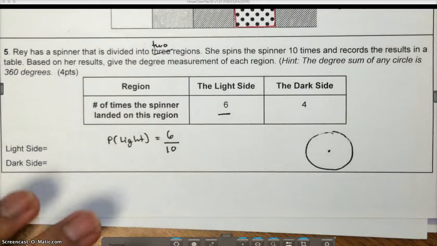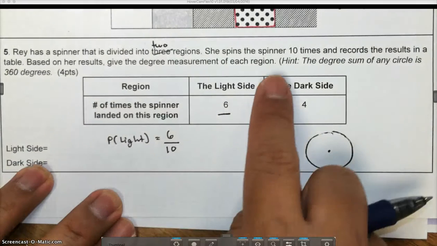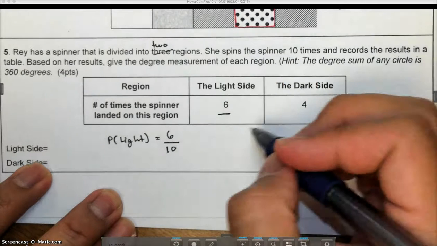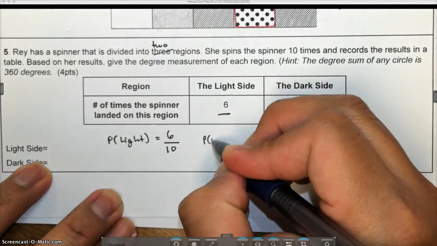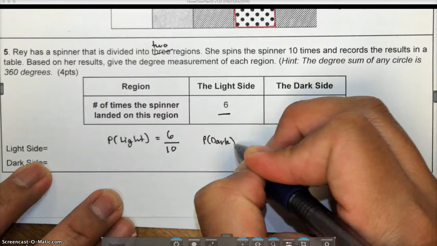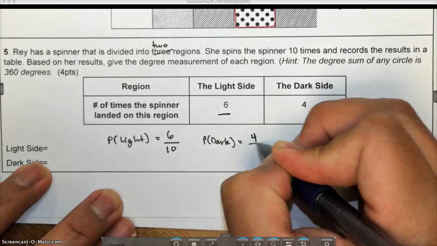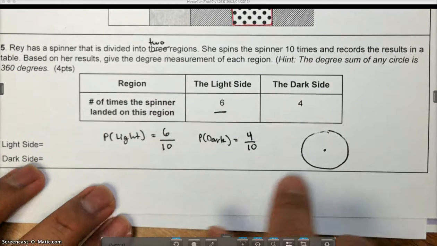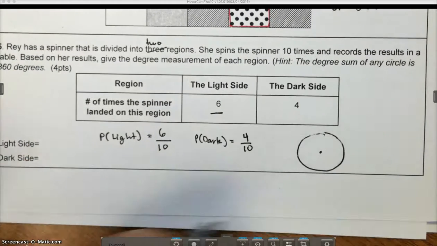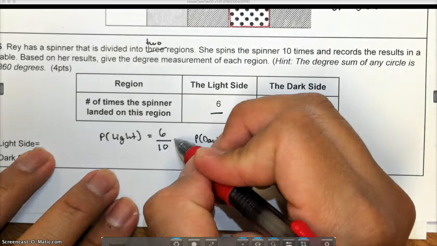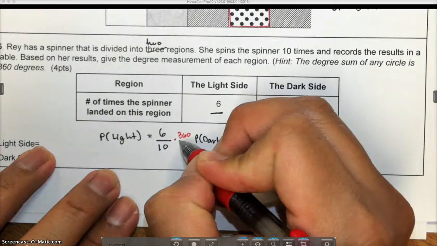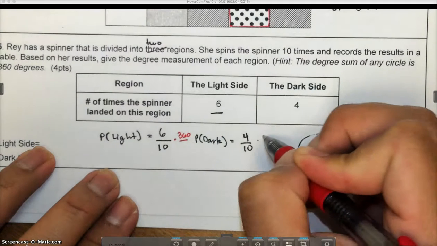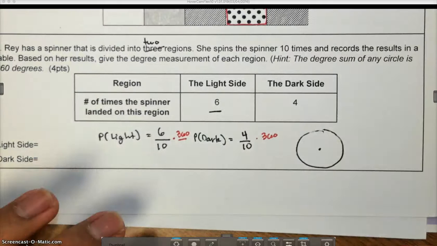Okay, 6 out of 10 spins because there's 10 spins. The dark side, probability of the dark side is the difference, 4 out of 10. Now in order to find how many degrees this is, I'm going to multiply it by 360. Multiply by 360 for each one, and then I'm going to figure this out.